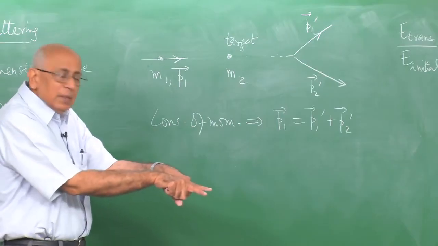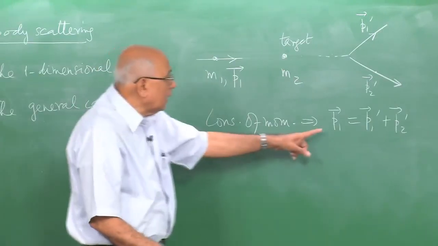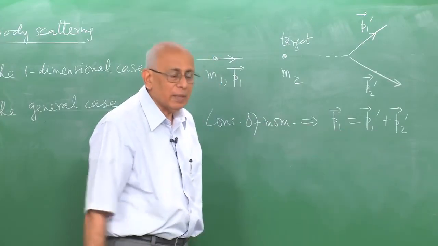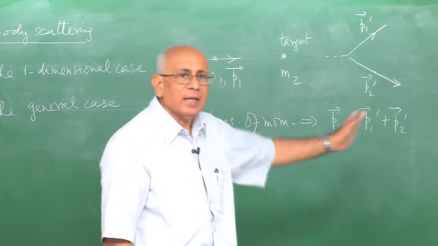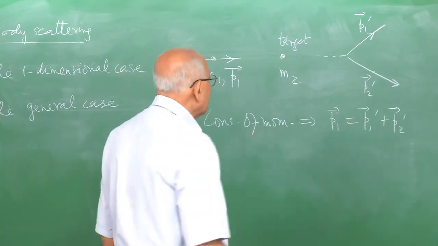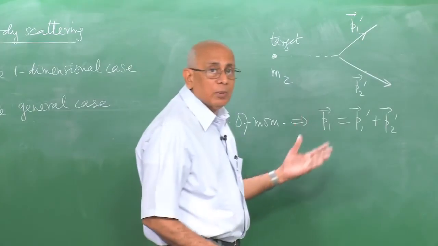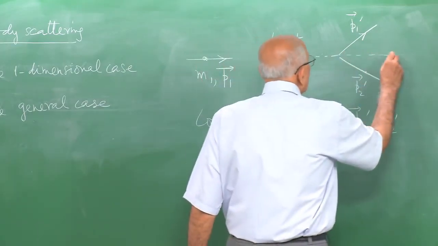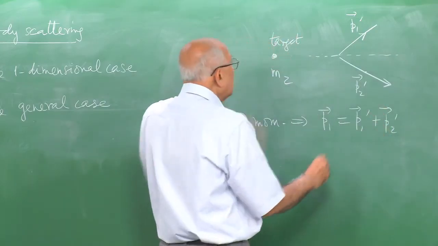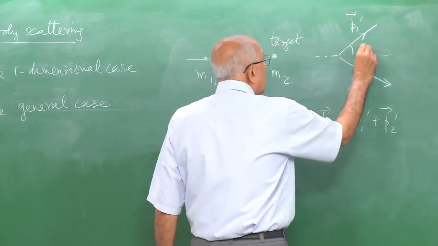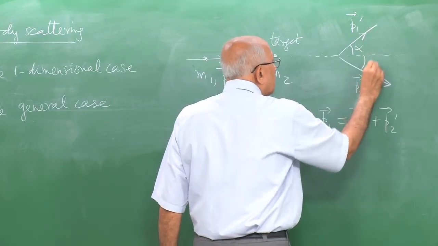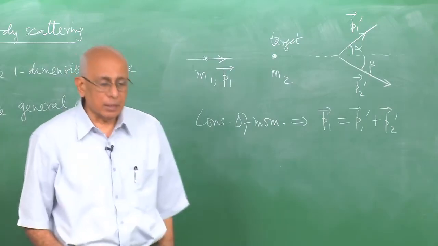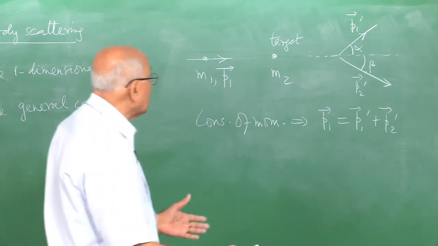But these two form a plane, and this relation tells you it's a linear combination of these two vectors, and therefore is in the same plane, and without loss of generality I take that to be the plane of the blackboard. So this is really a three-dimensional collision problem, if you like, but this is what it reduces to. And then with respect to the initial direction of P1, let's suppose this moves at some angle alpha, and that moves at some angle beta measured from the x-axis downwards in this case. So that's the general geometry.